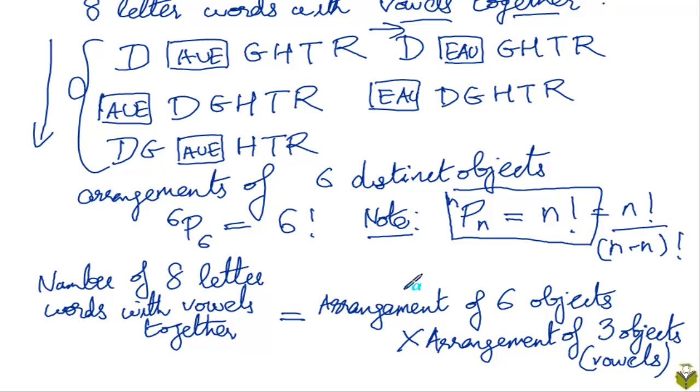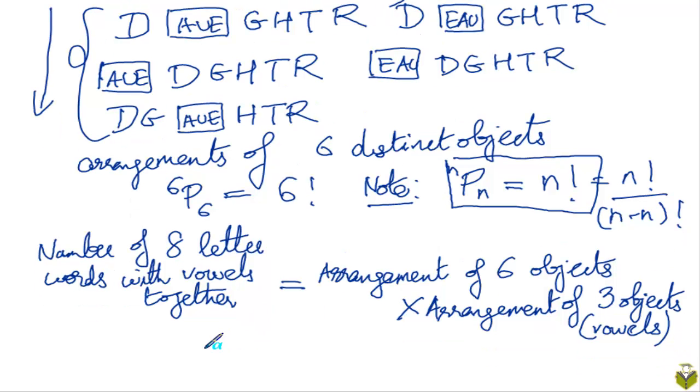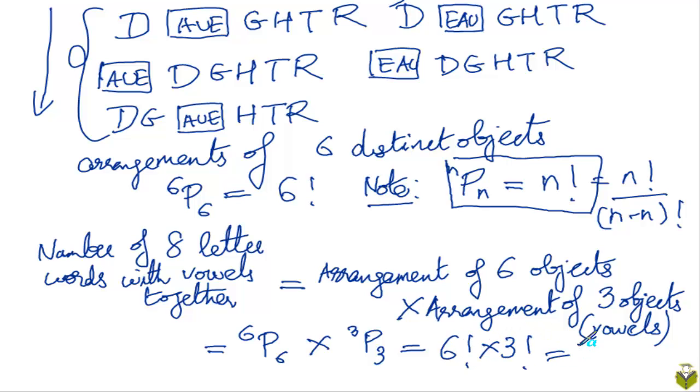Then you apply the fundamental principle of counting: the arrangement of 6 objects multiplied by the arrangement of 3 objects, the vowels. And we already know that it is 6P6 multiplied by 3P3. You should just remember that it is 6 factorial multiplied by 3 factorial, and the answer is 4320.